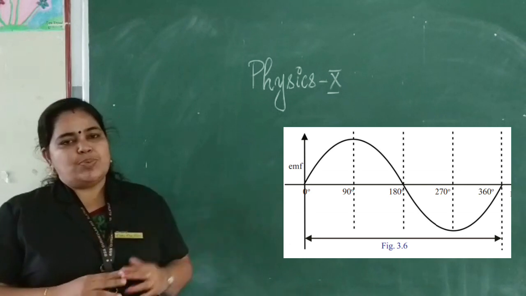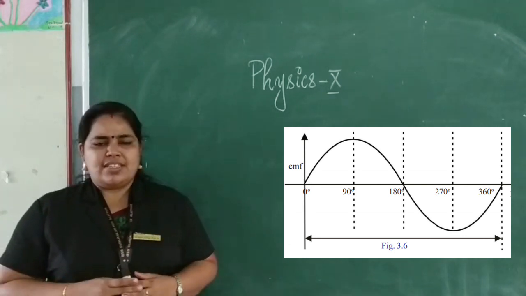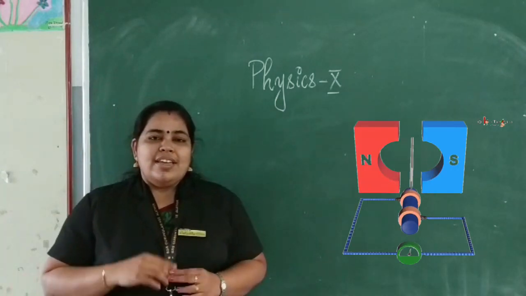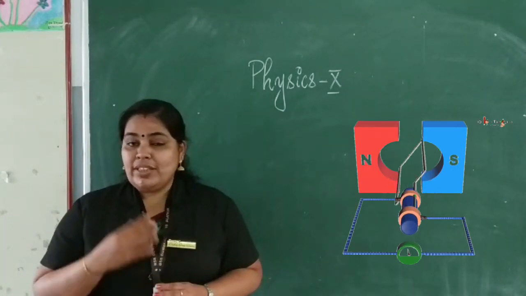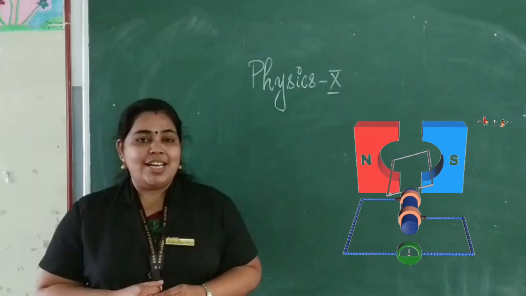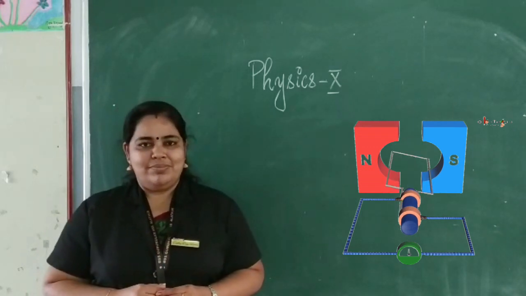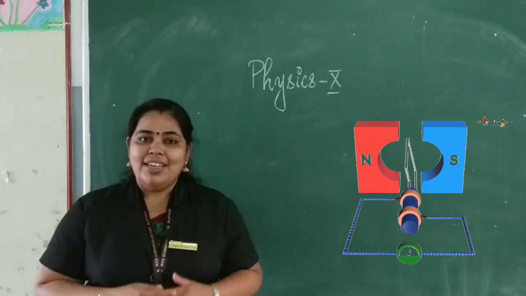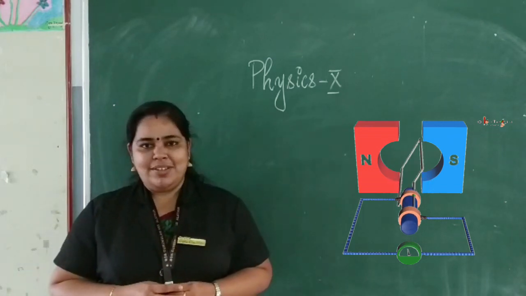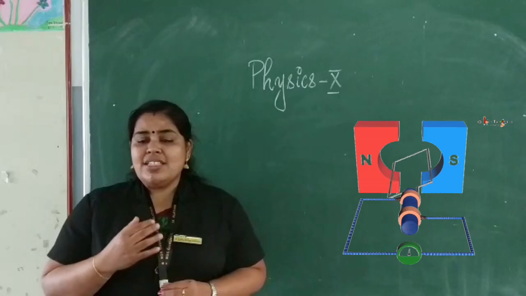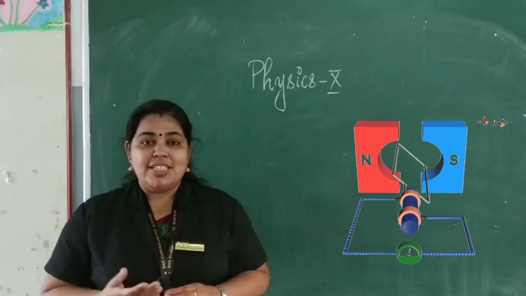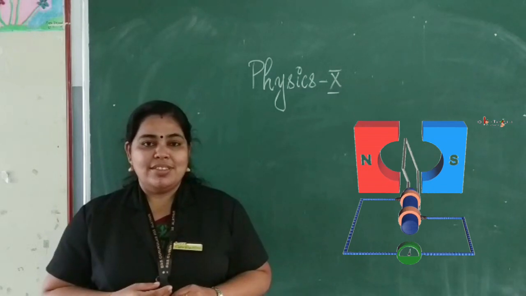So, all these things we have discussed in the last class. Let me ask you a question. In an AC generator, are you getting alternating current or direct current? In an AC generator, we are getting alternating current. And do you know the frequency of AC generated in our country for distribution?